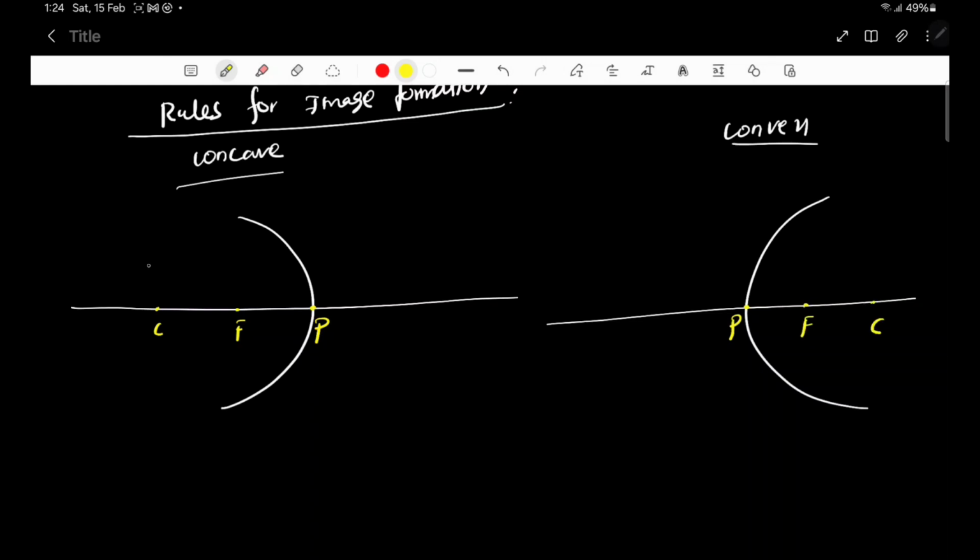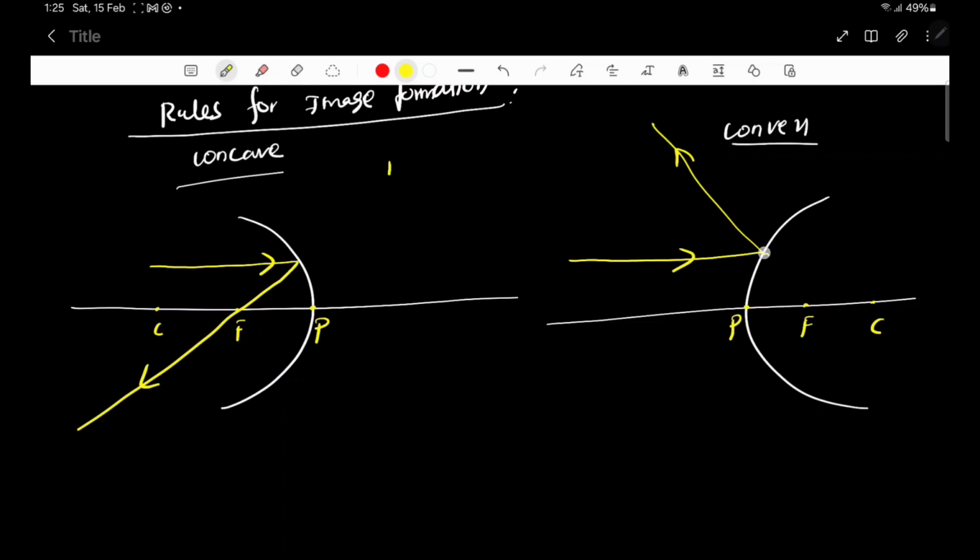Okay, if any light ray that is coming parallel to the principal axis, after getting reflected, it will pass through the focal point. It's rule 1. And in a convex mirror, if any light ray that is coming parallel to the principal axis, after getting reflected, that light ray will seem to be going in such a way that as though it is emanated from the focal point.